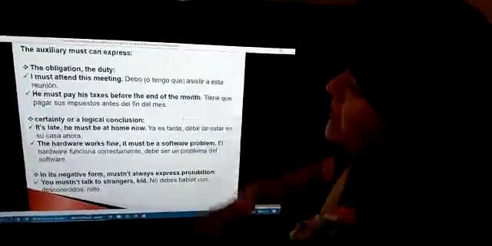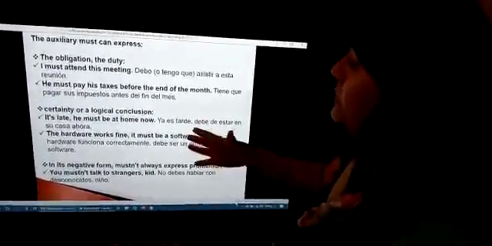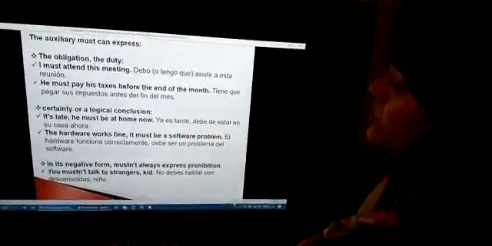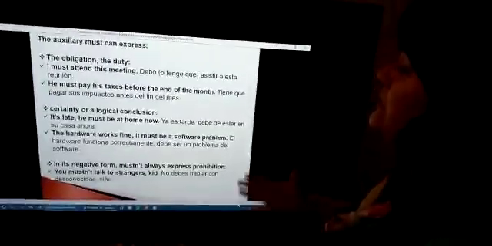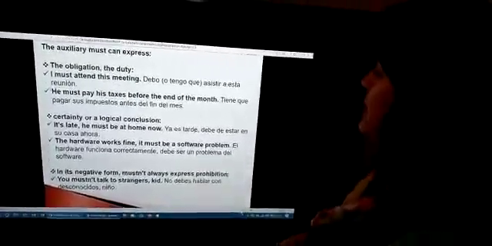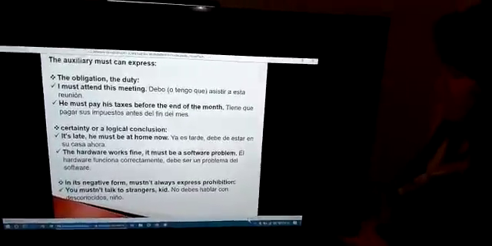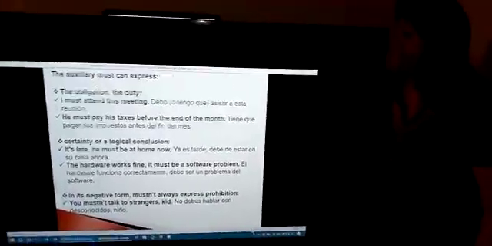This is what the auxiliary must can express. Number one is obligation. Number two is logical conclusion. And number three is the negative form mustn't, which expresses prohibition.